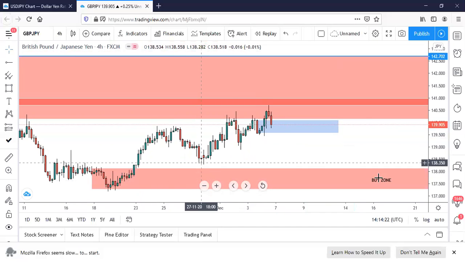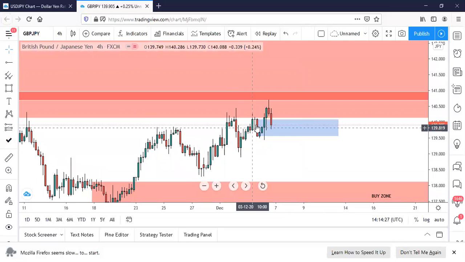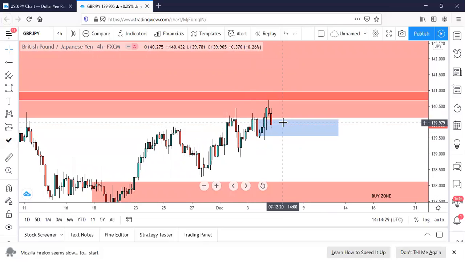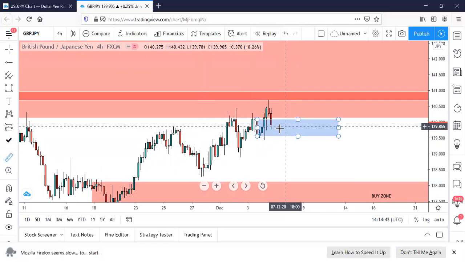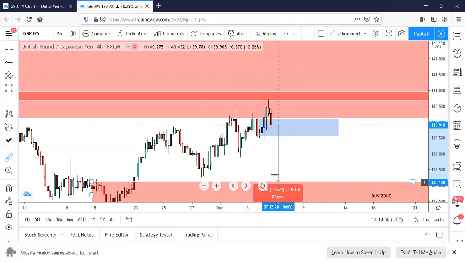So I'll be monitoring this trade. I expect it to break below this block, retest it, making it a bearish breaker, and we look for sells inside that area and target these equal lows. Don't forget you have to bend time and price to about 180 pips to the buy zone area.